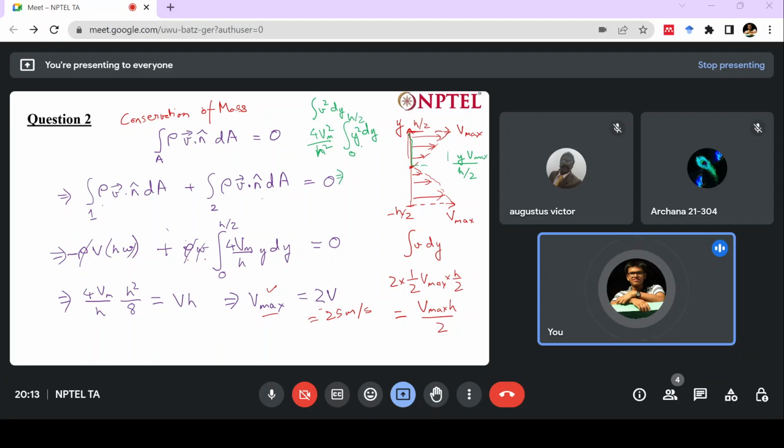This is y cube by 3. So y cube means h cube by 8, and 3 is there, so h cube by 24. So 4 and 24 will cancel and give me 6. So this becomes Vm square into h by 6.